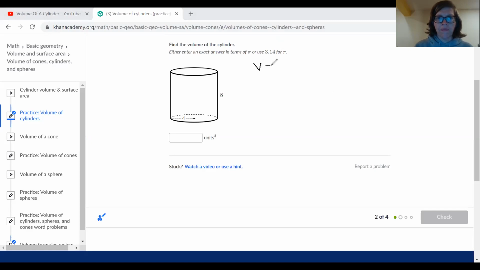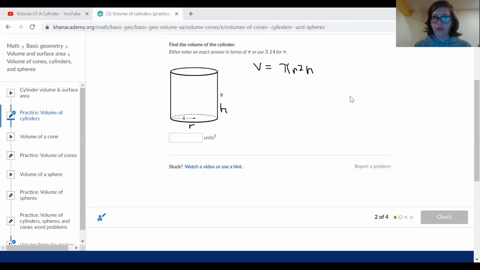So volume equals pi times r squared times h for height. And then I'm going to label the radius and height. Okay, and then I'm going to let you go ahead and try that problem, and then we will check it.